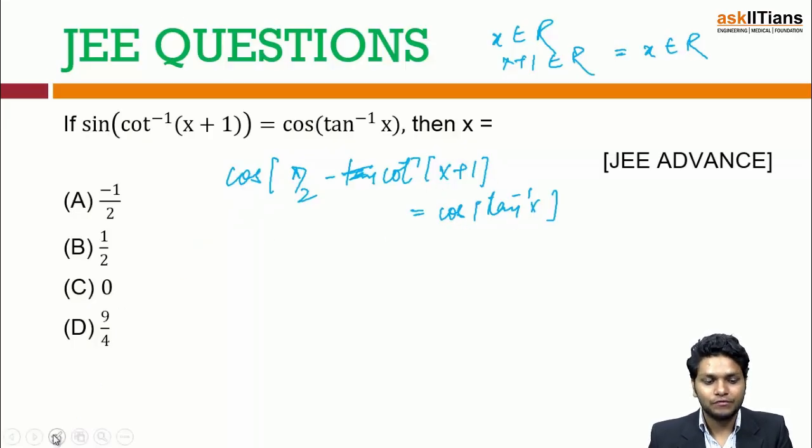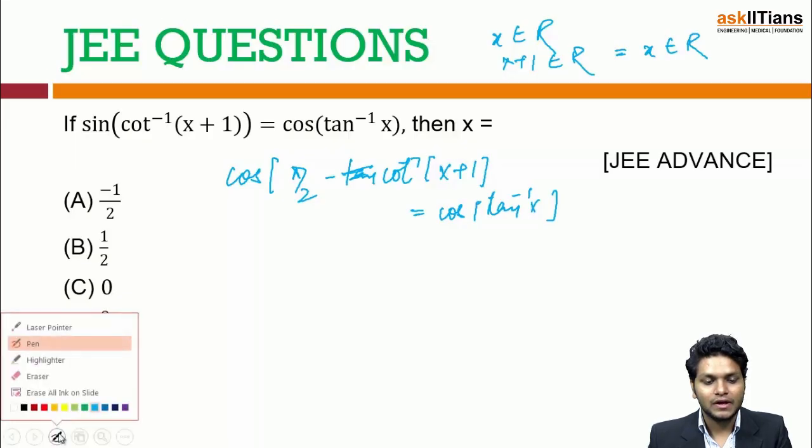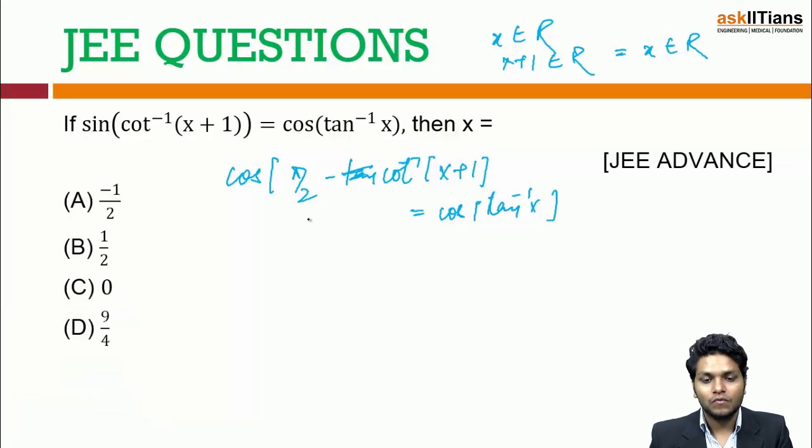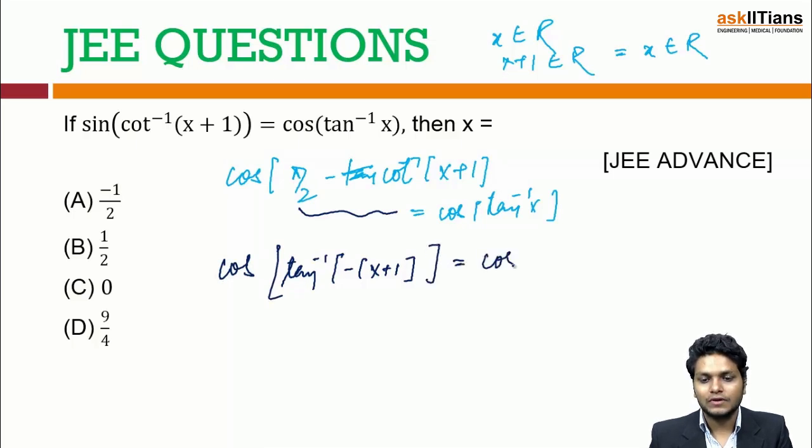From one of the properties of cot inverse, I know that this value will be equal to tan inverse of (x plus 1). So this will be cos of tan inverse of (x plus 1), equal to cos of tan inverse x.